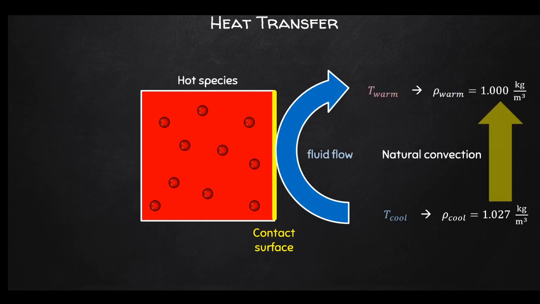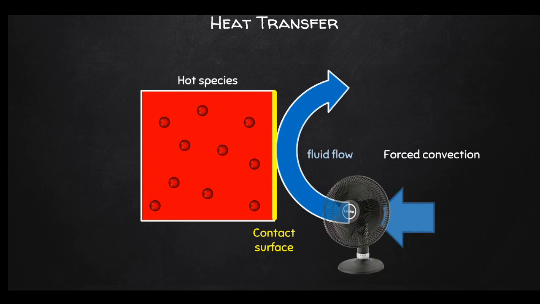When this movement takes place as a result of the natural differences between the density of the fluid at different positions in space, we call this mode of convection natural convection. If we were instead to force the fluid to flow past the solid surface, let's say by setting up a fan close to the surface, we would then refer to this mode of convection as forced convection.